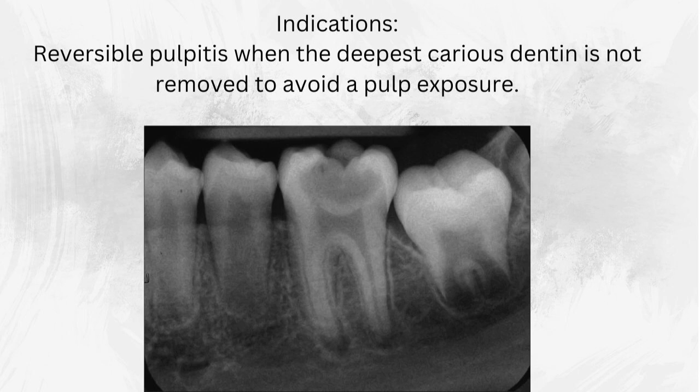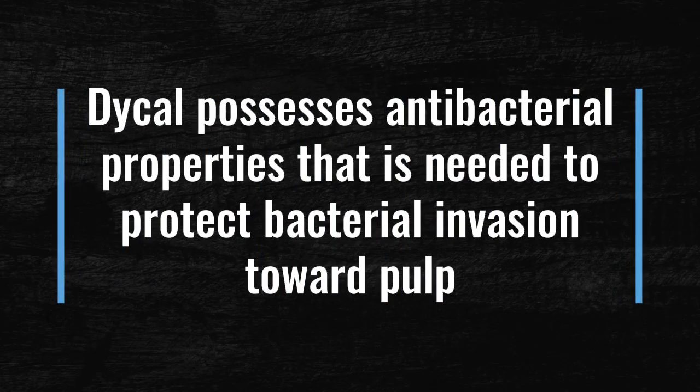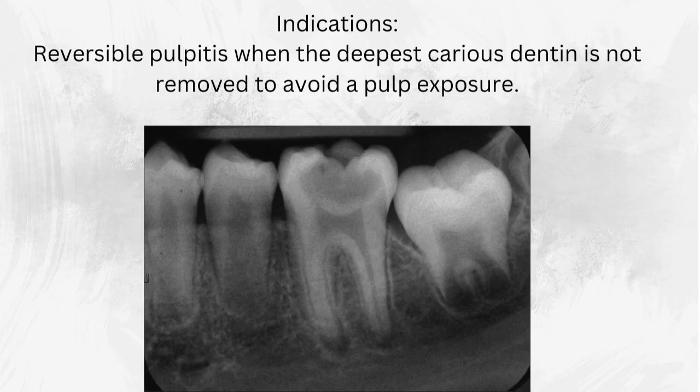And then after, you can place a TF, which is temporary filling, and recall the patient after 1 month, or either you can place a composite. Why do you need to place temporary filling? Why not directly composite?